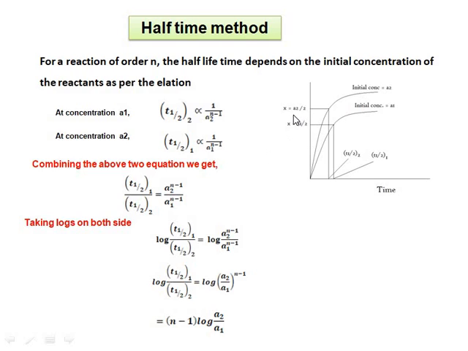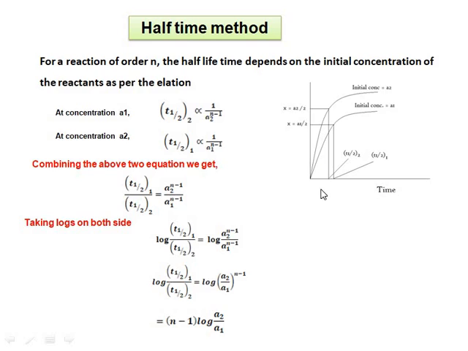From those we can draw graphs of x equal to a2 by 2 versus t, or a by 2 versus t, for the initial concentrations a1 and a2. Those graphs will not show a straight line.